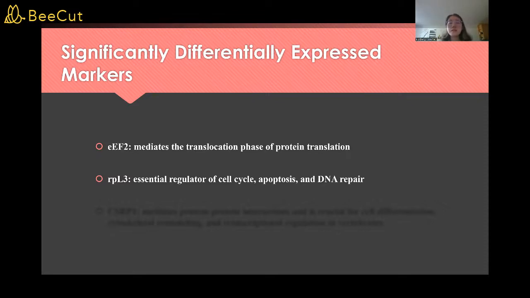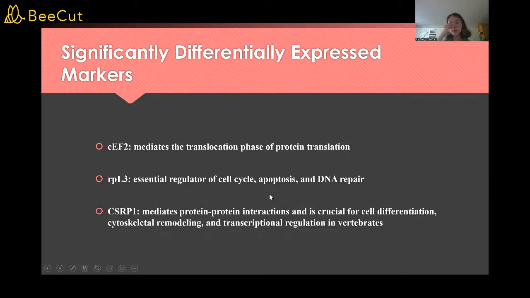It also regulates the expression of P21 in response to chemotherapy. It can also control DNA repair independent from the cell's P21 state. CSRP1 mediates protein-protein interactions and is crucial for cell differentiation, cytoskeletal remodeling, and transcriptional regulation in vertebrates. It's also a tumor suppressor for colorectal cancer and could be a diagnostic marker for liver cancer.